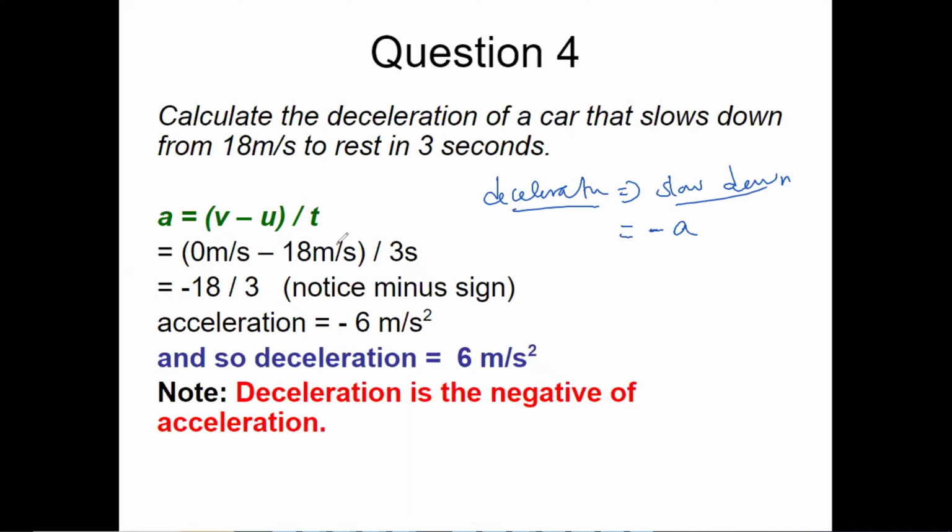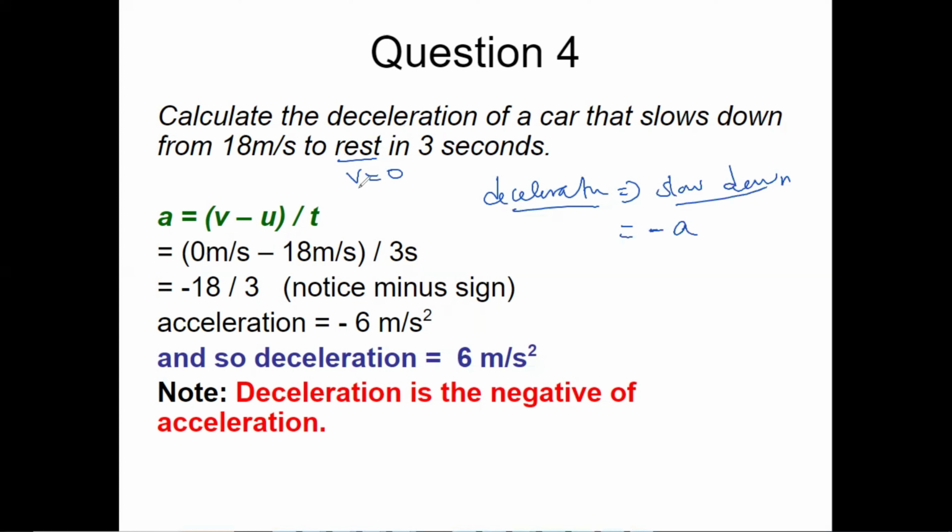So the first way is what you can see on the screen. If it is slowing down to rest, that means V is 0. So V is 0, so 0 minus U, that is 0 minus 18, divided by 3, will give us acceleration, which is negative 6 meters per second squared.